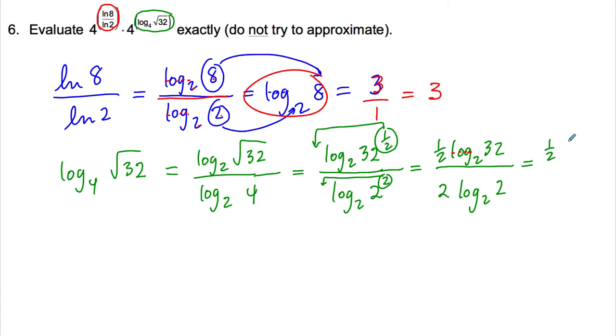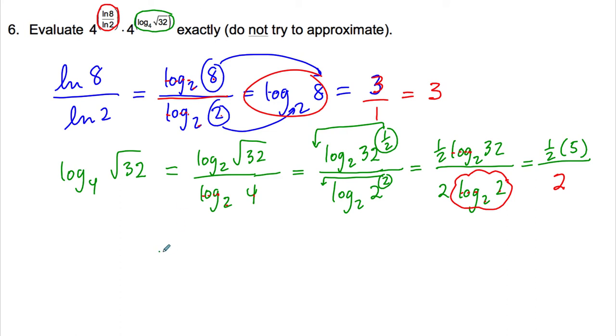So this gives me 1/2 times 5 in the numerator. Similarly, in the denominator, what is the exponent on base 2 to get the power 2? All of that is 1, and 1 times 2 is 2. Or I could have said from here, what is the exponent on 2 to get the power of 4? And that answer is 2. So I have 1/2 times 5 divided by 2.